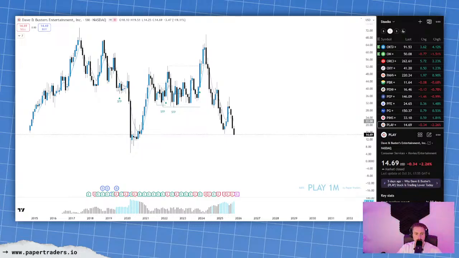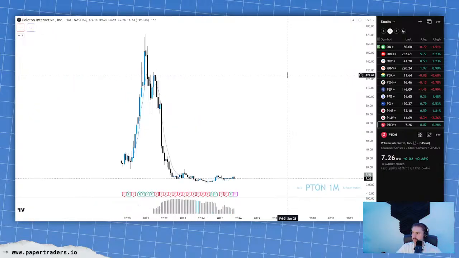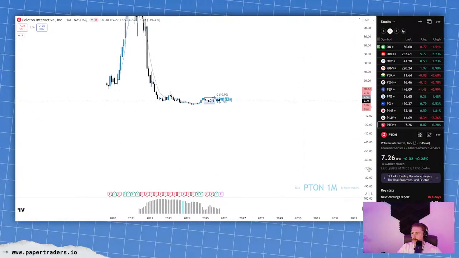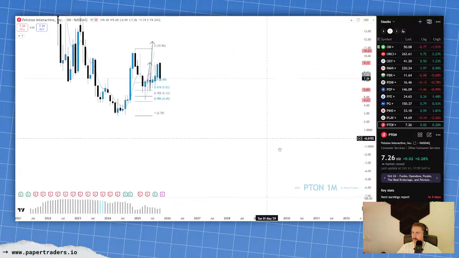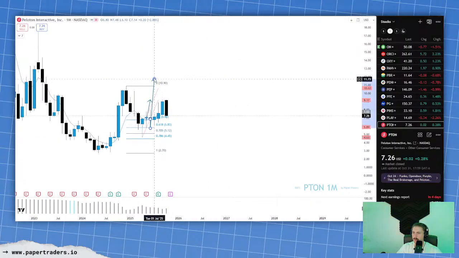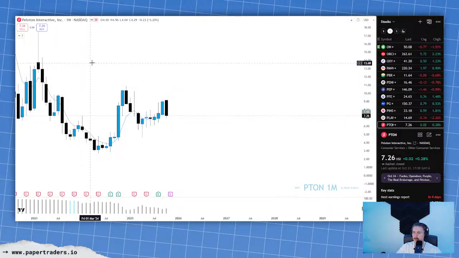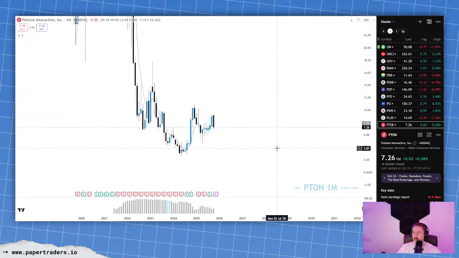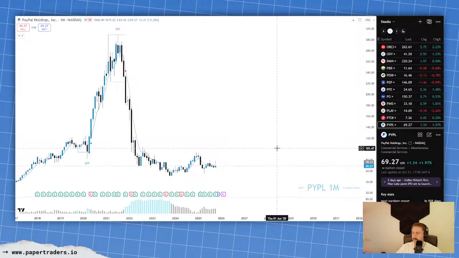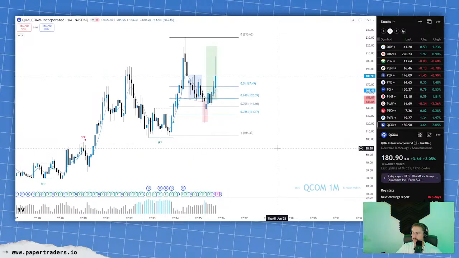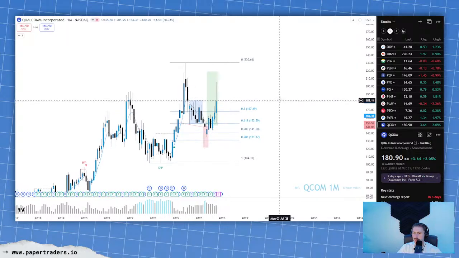I feel like we outlined the short somewhere in here. Monthly is iffy. Yeah, PYPL, PayPal, QCOM. That one, I think we can see a continuation on this one.